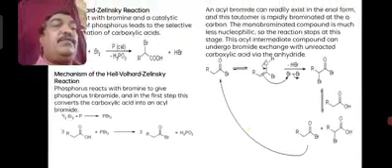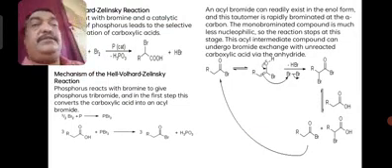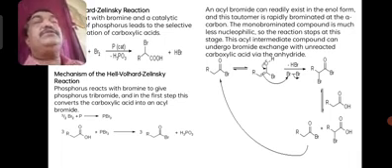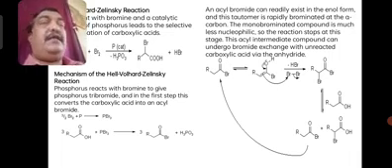Now with this, I would like to complete this topic, and by next week, probably on the 27th or 28th, we will move on to the last part of your syllabus, that is ethers and epoxides. It requires at least 1 to 2 hours to complete the portion.